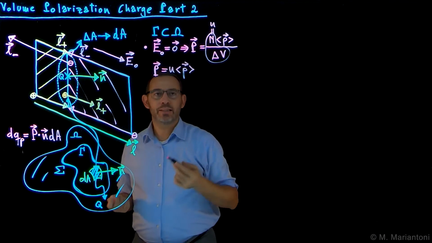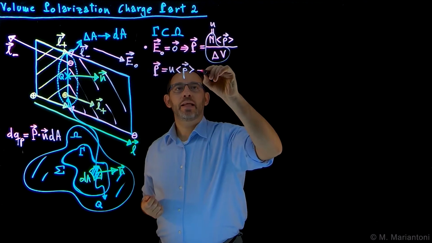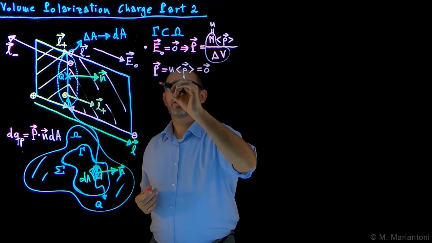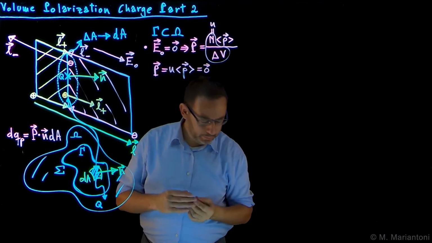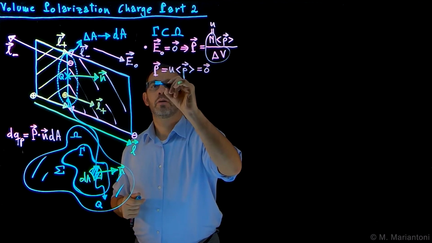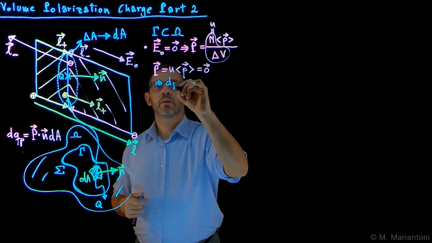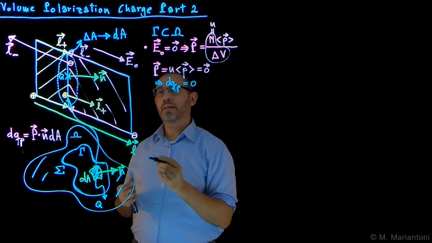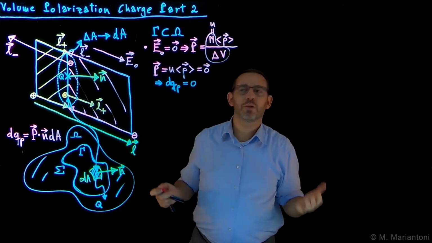But what is this quantity in this case? Well, in the case of zero polarization, it has to be equal to 0, which implies that, accordingly, the net charge dQp, which is given by P dot n dA, also has to be equal to 0. There is no polarization, so of course there will be no charge.